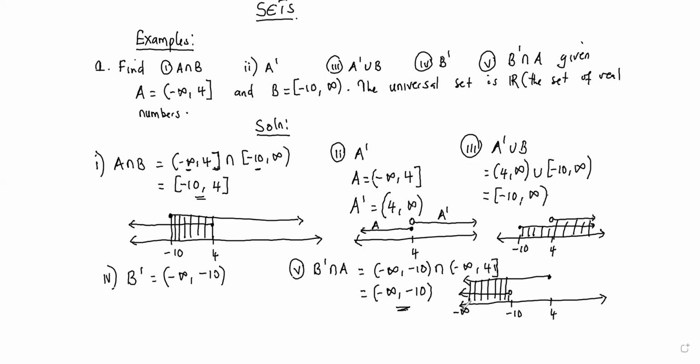So we want the common interval. Which interval is shared by the two? So we are seeing that this is the interval that is shared by the two, up to there. So that space from negative 10 to 4, we leave it out because it only has one interval. Intersection demands that we should have all the intervals of B complement and A meeting. So that's why we get only that space.